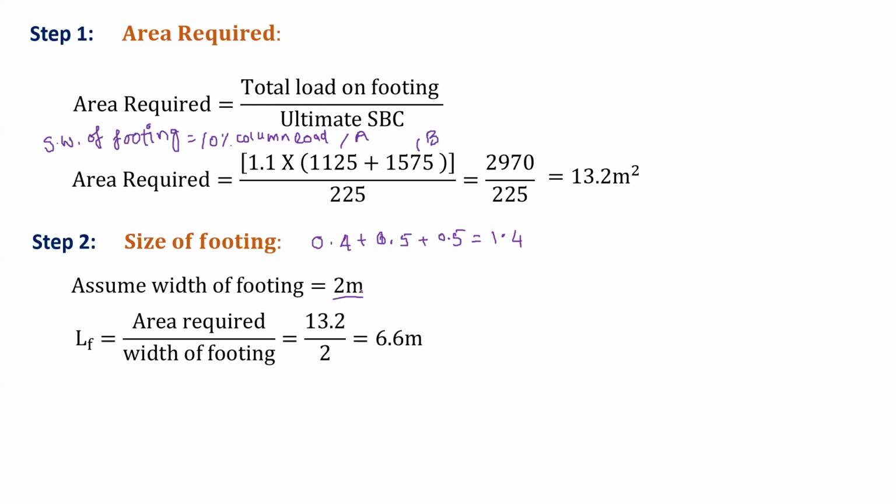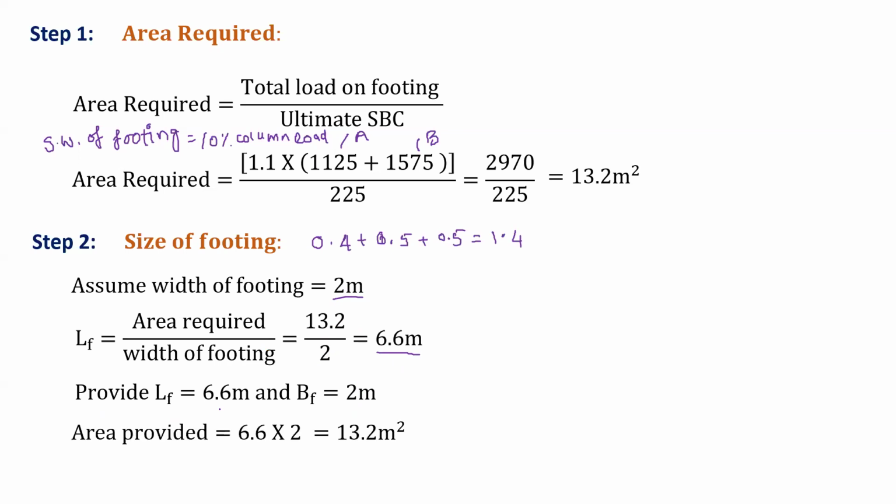Then the length LF is area required divided by width, 13.2 divided by 2, which gives 6.6 meter. So we provide LF equal to 6.6 meter and BF equal to 2 meter. The area provided is 13.2 meter square, equal to the area required. You can go higher, but it is not required in this case.